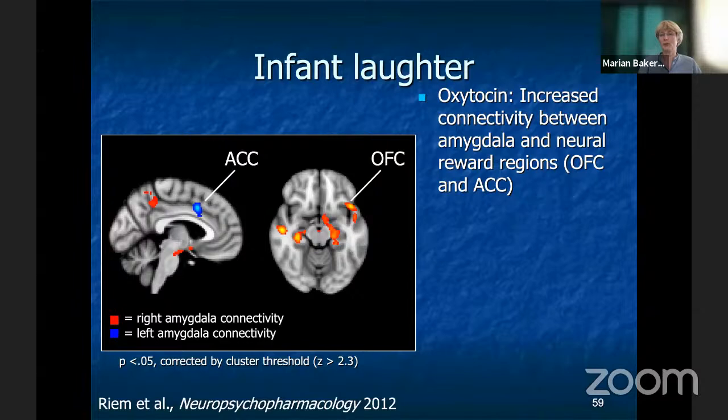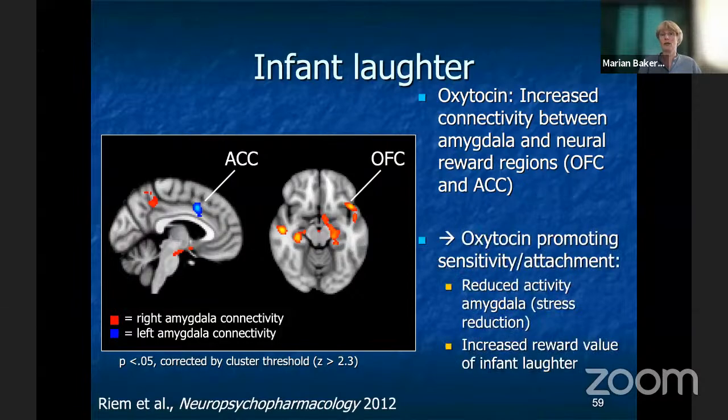So there was a direct link that was stronger with the reward regions of the brain. So oxytocin may promote sensitivity and attachment because it reduces activity of the amygdala, so there is stress reduction, and it increases the reward value of infants' laughter.